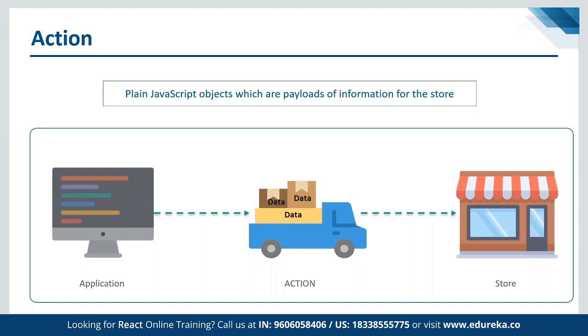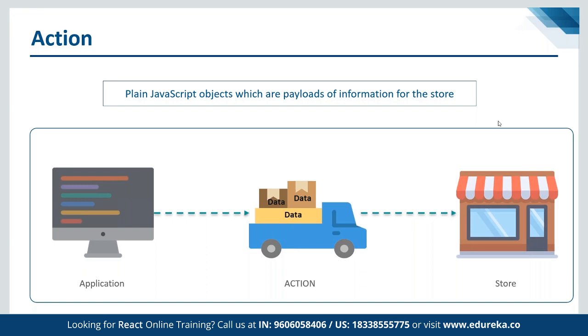And we send these from the application to the store, and the store receives information only from the actions, and we have to send the actions to the store by using store.dispatch.